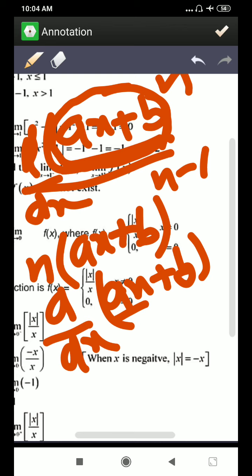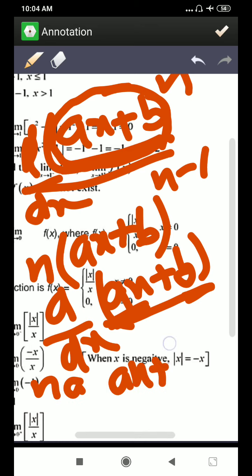So the differentiation of this term will be a only, and the differentiation of this term will be 0. So overall, the differentiation of ax plus b is a. So your overall formula will be n times a times ax plus b raised to power n minus 1. You can directly use it as a formula also. The differentiation of ax plus b raised to power n will be n a into ax plus b raised to power n minus 1. You learn it. There are 3-4 questions in class 11th NCERT which we have to solve using this method.